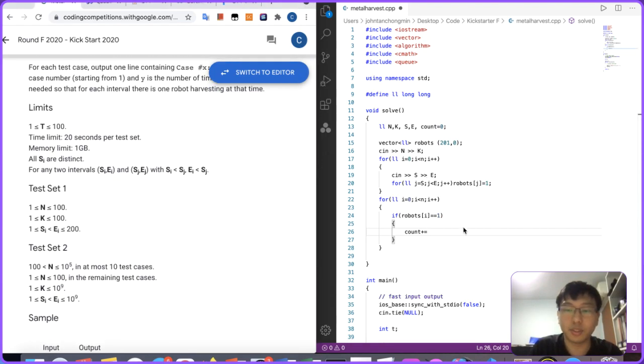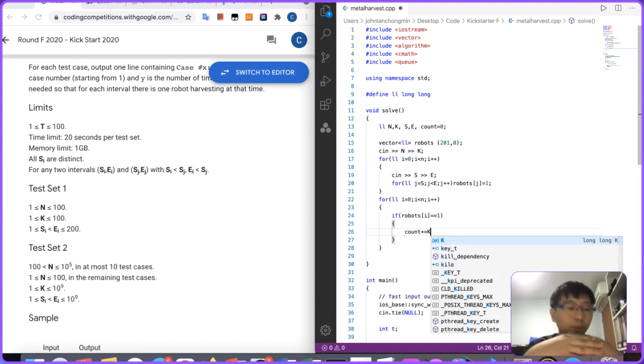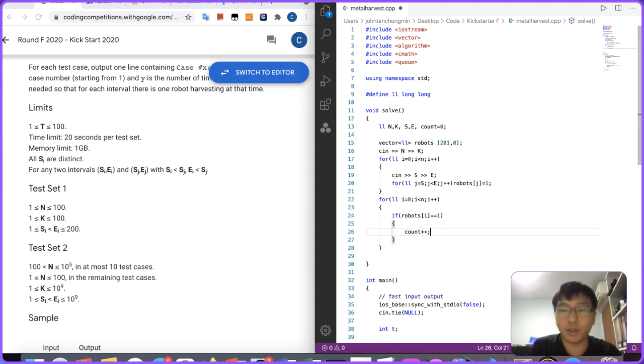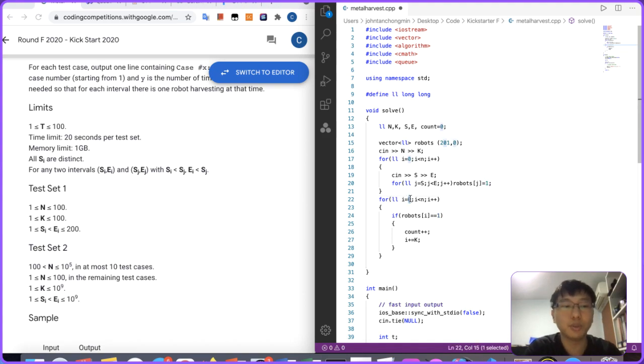So k is my interval length. I can deploy the robot for that k interval and cover everything, so my i can straight away jump k intervals instead of considering interval by interval.